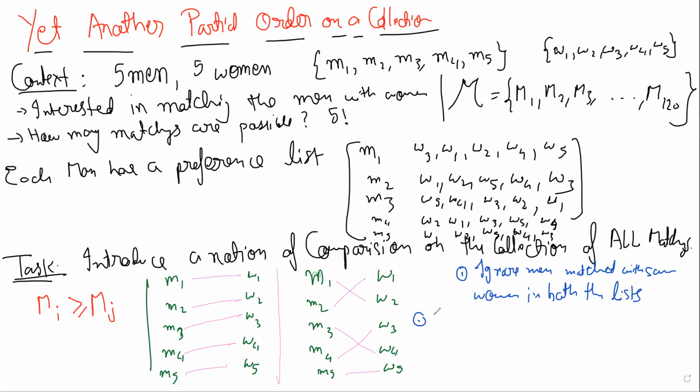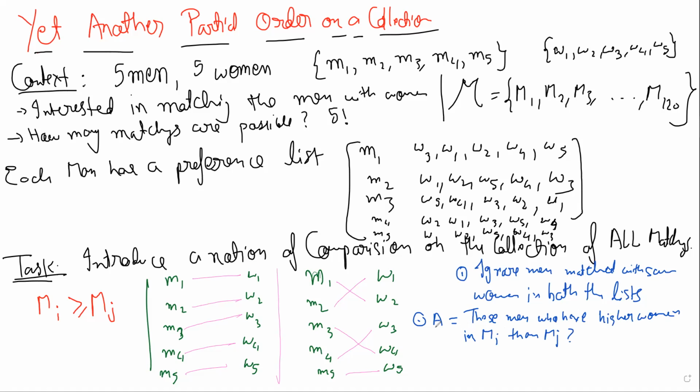So A is the set of those men who have higher women in MI than MJ. Is that what you meant? Okay.